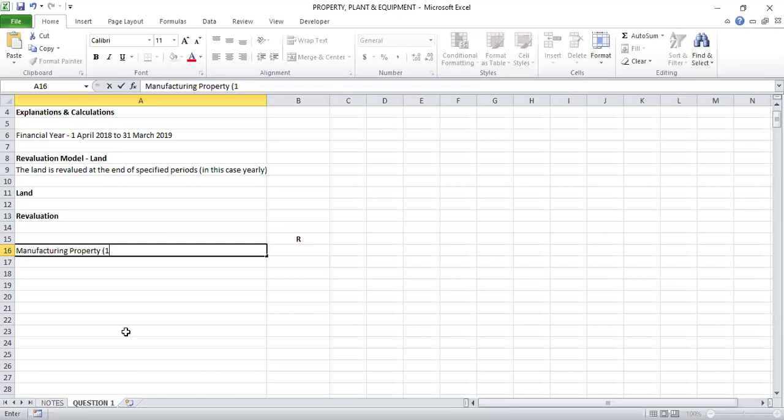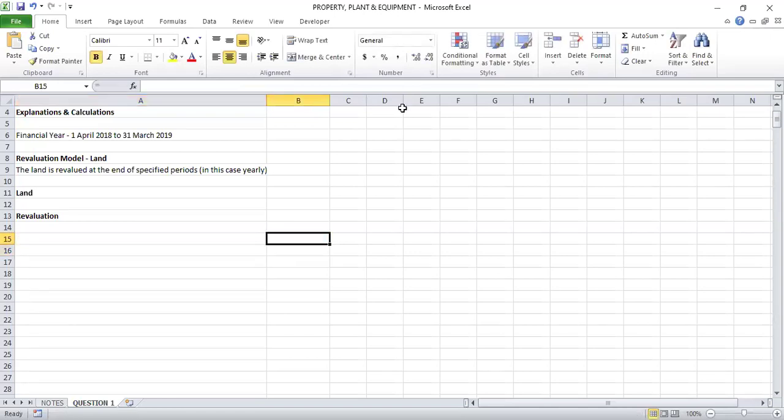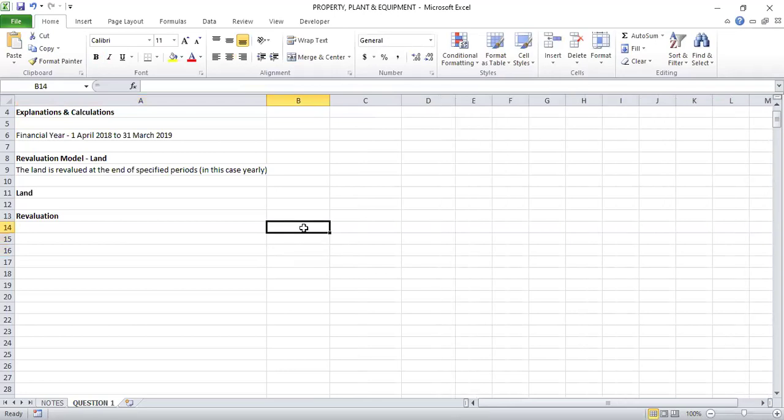Let me put it in a way that it will help us when we do the answer. Let me just say our land there. Let me put it this way. Manufacturing property. Right. Then I will have my administrative property.